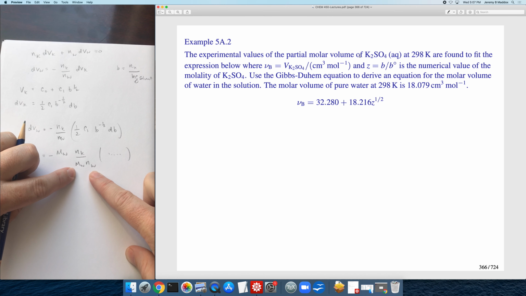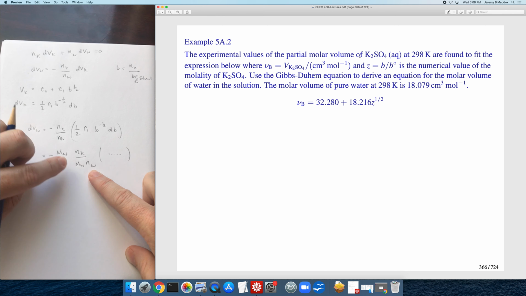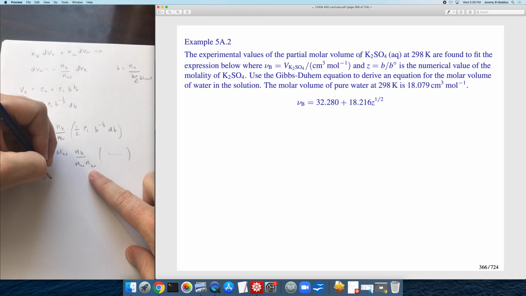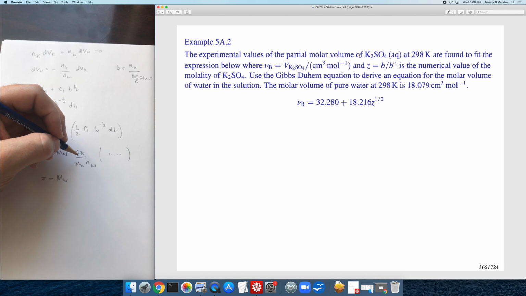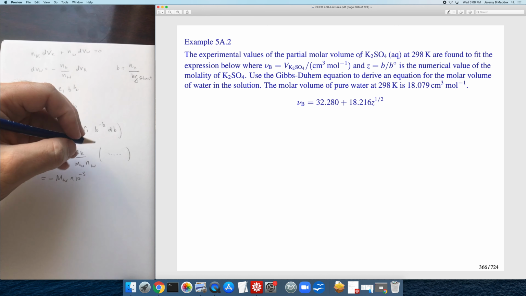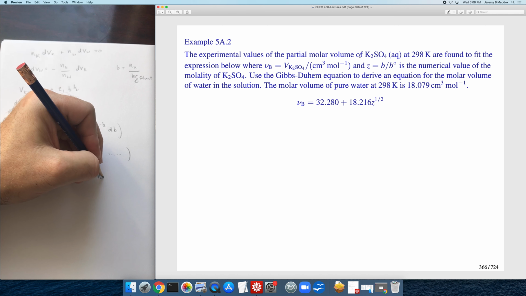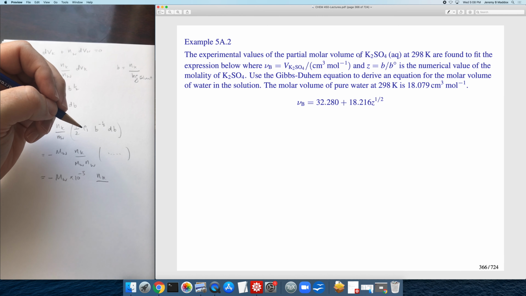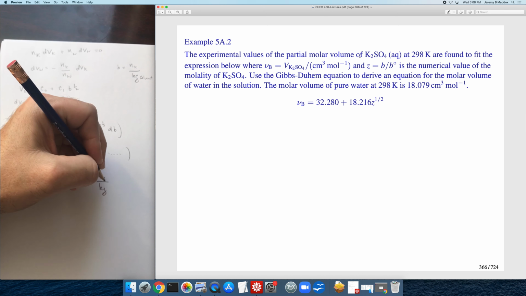Now, this is going to give us grams. We want kilograms of solute. And so I'm going to make this minus MW. And then we'll have to multiply and divide by 10 to the minus 3. And that's going to give us our kilograms of water.